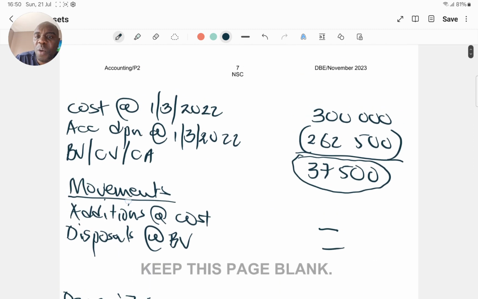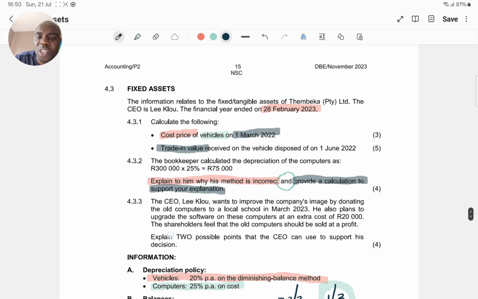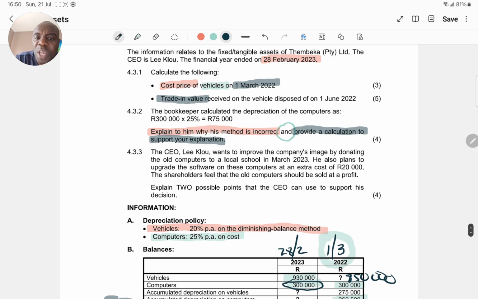So for this particular question, let's go back to the question. Explain to him why his method is incorrect. So this method is incorrect because the 75,000 would mean that the asset would have a negative value at the end of the year.